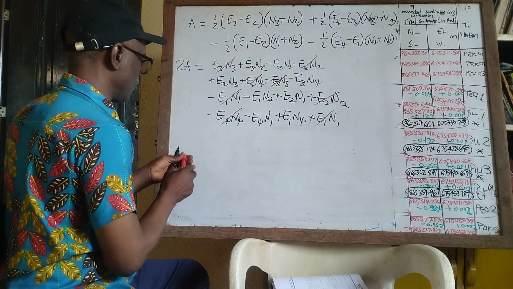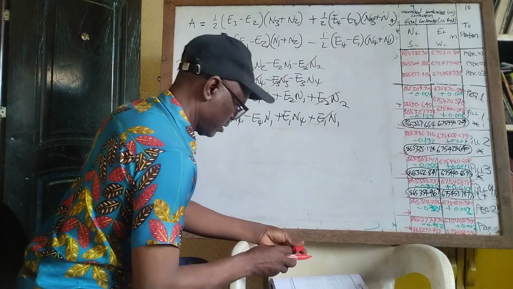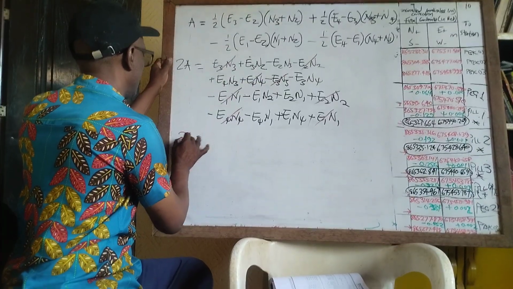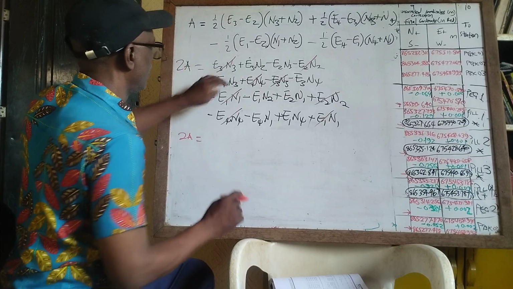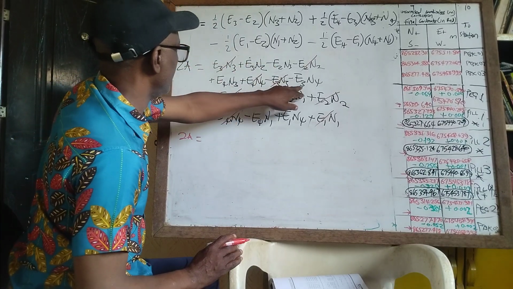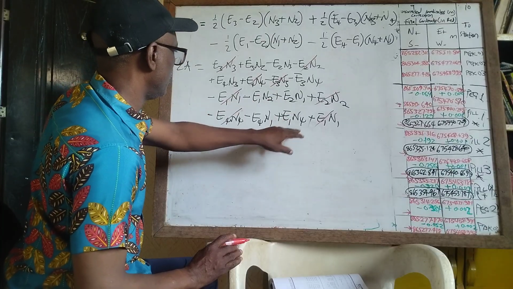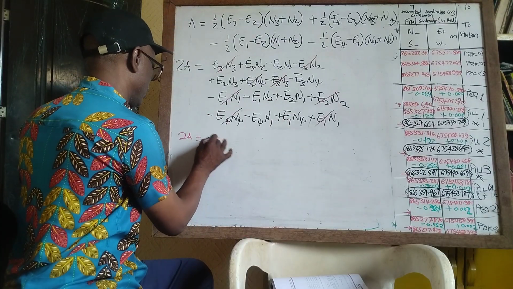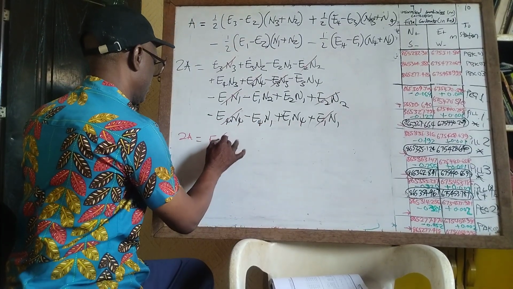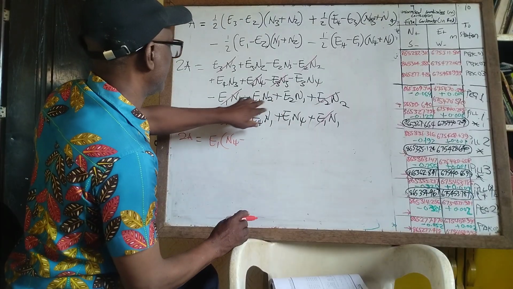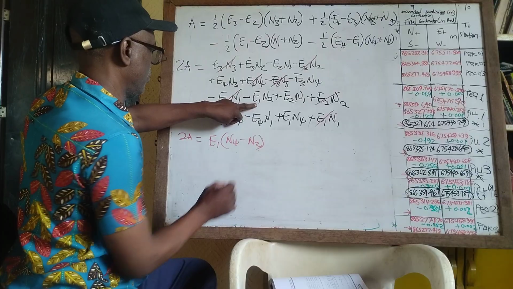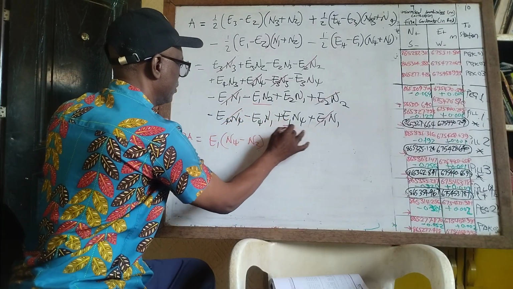Now leaving us with this, 2A now turns to, now look at it. Now let me start with E1 into bracket N4, where is another E1, minus N2.